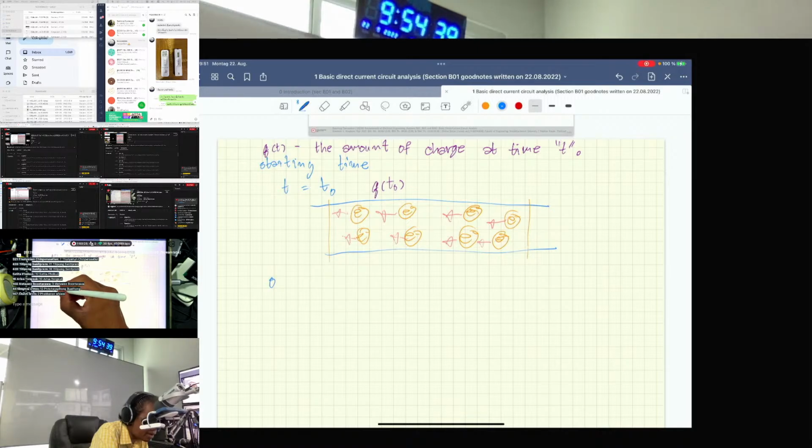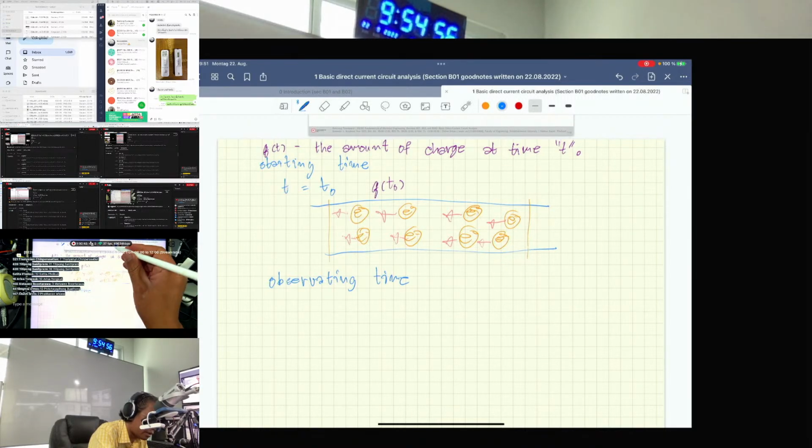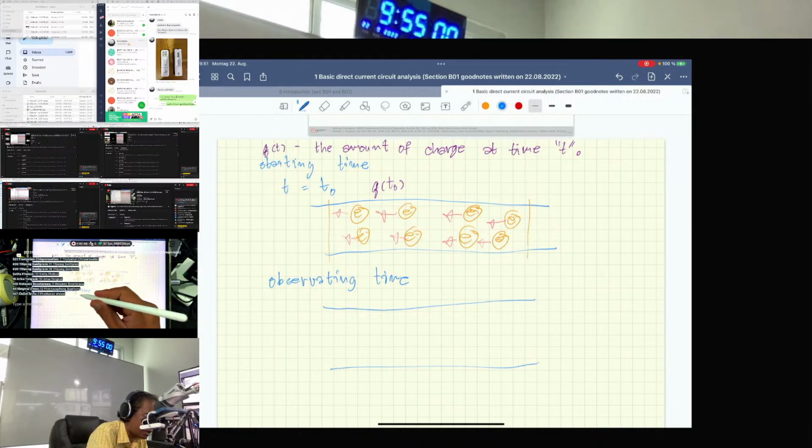And if we try to measure the amount of charge at the observing period, we would have the same pipe or the same conductor, at the same area.